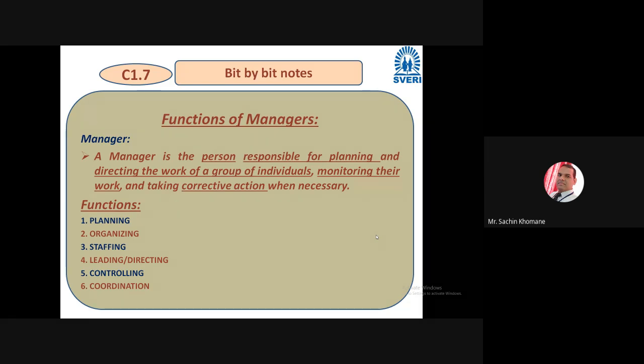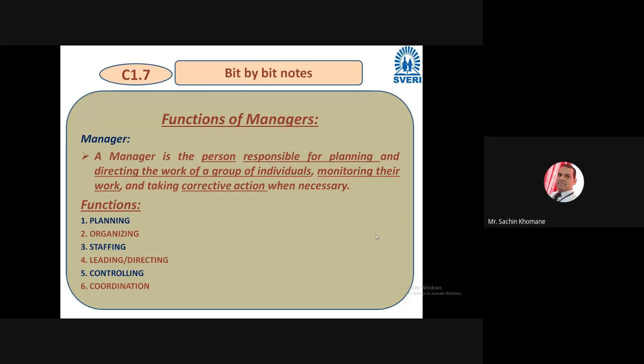Monitoring their work: getting work done does not mean work has been given and you will sleep in your cabin. It is not like that. You have to monitor their work, whether they are doing it or not, and if they are doing it, whether they are doing it in a proper manner or not. That also is the role of a manager, and taking corrective action whenever necessary.